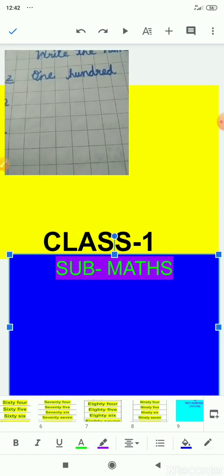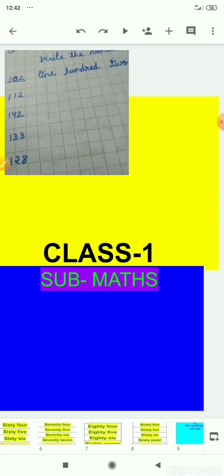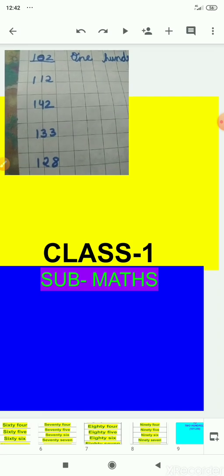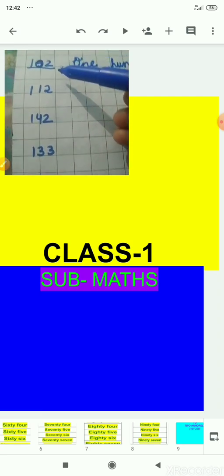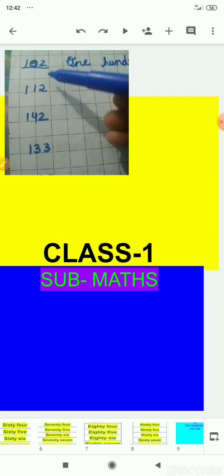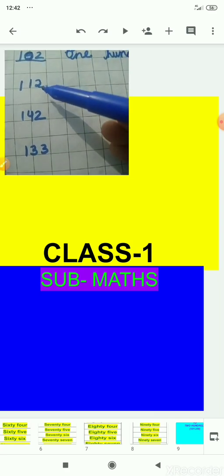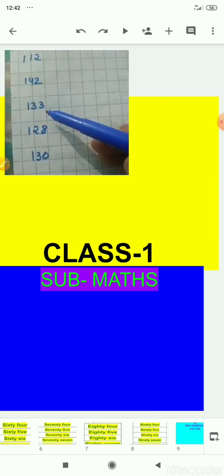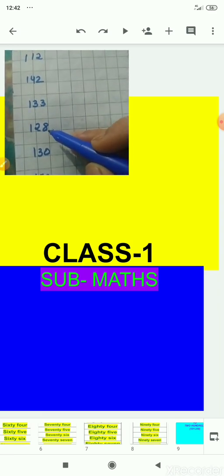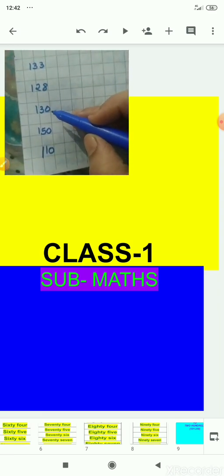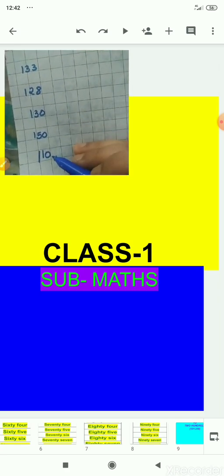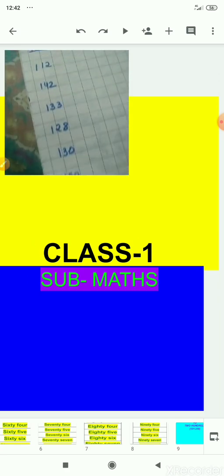Children, this is my maths notebook. Here I have written some numbers: 102, 112, 142, 133, 128, 130, 150 and 110. I have taken them randomly.